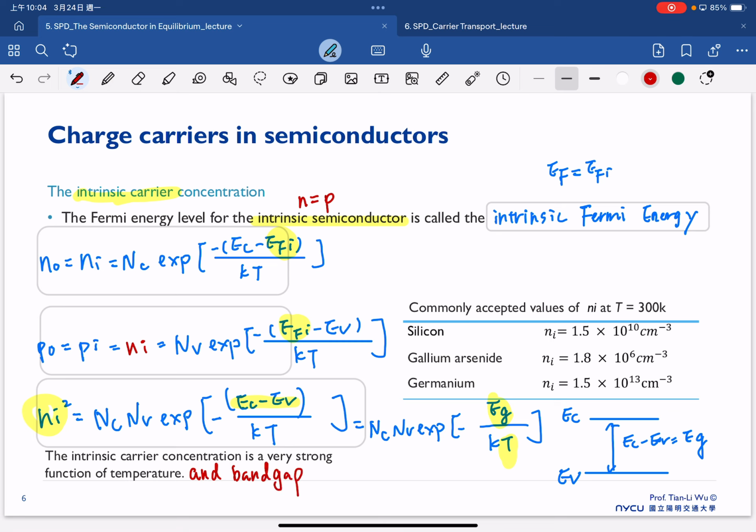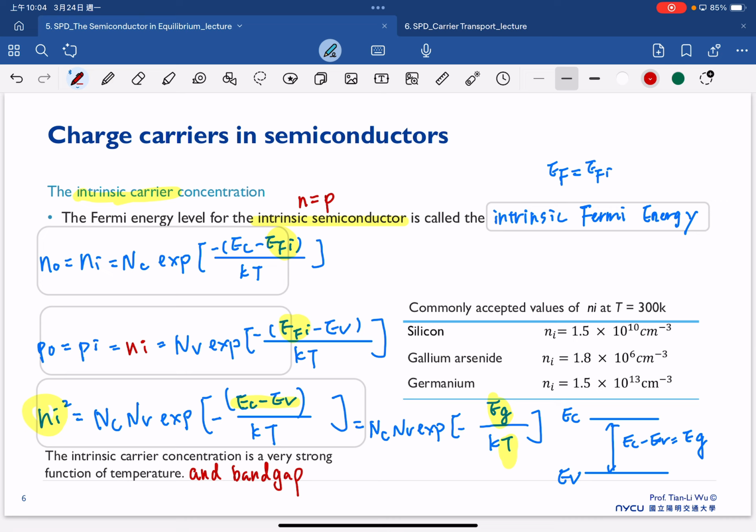And later we will use this concept to understand why a certain material that has a very different band gap, and therefore a different intrinsic carrier concentration, can help us for certain applications.